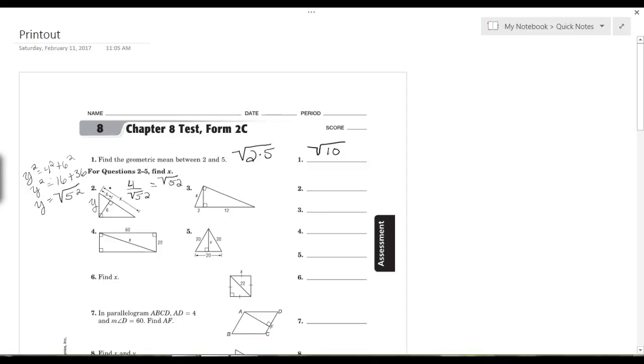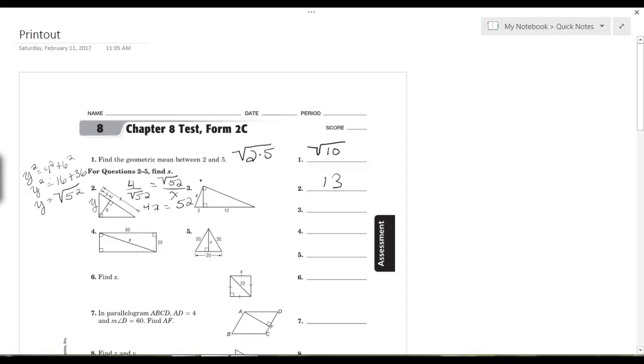And the hypotenuse of my long triangle is this x that I'm looking for. So I can set up this proportion. And then I cross multiply. I get 4x equals, when I multiply the square root of 52 times the square root of 52, those square roots drop out and it just ends up being 52. 52 divided by 4 is 13, so x equals 13.